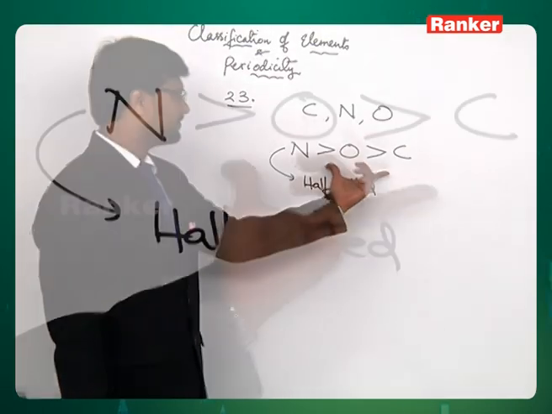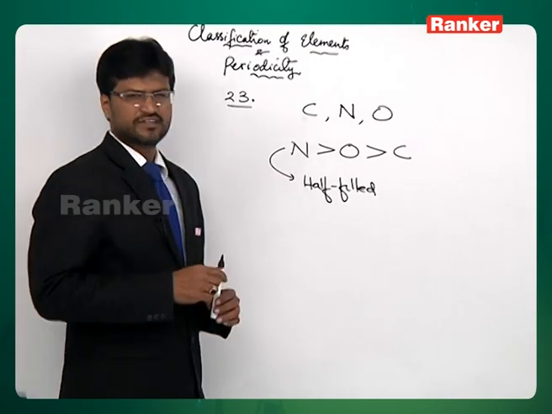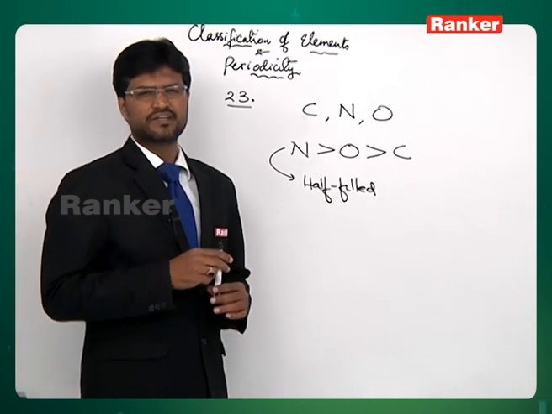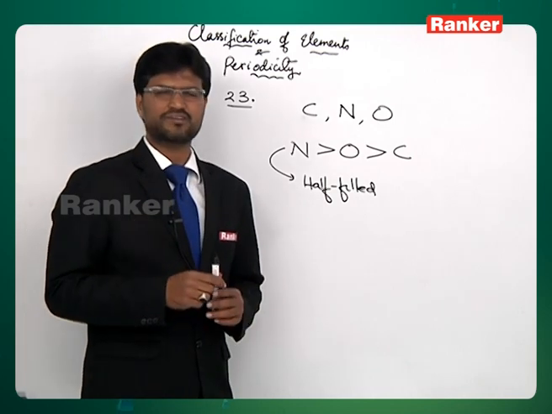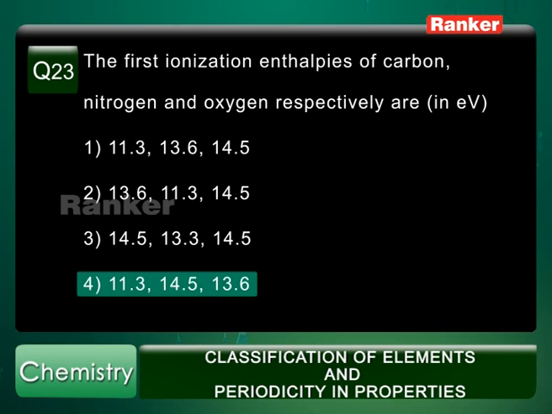So, on the basis of this, you can select the one where this particular order is given. Carbon has 11.3, nitrogen has 14.5 and oxygen has a lesser value 13.6, lesser compared to nitrogen but greater than carbon. So, the correct answer is fourth option.